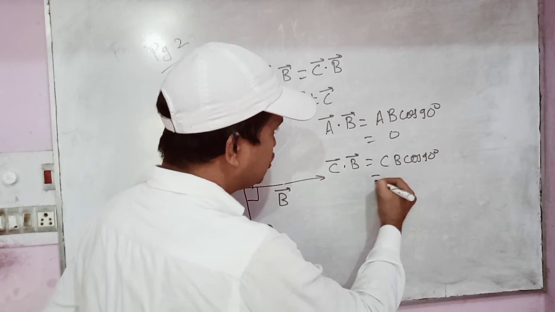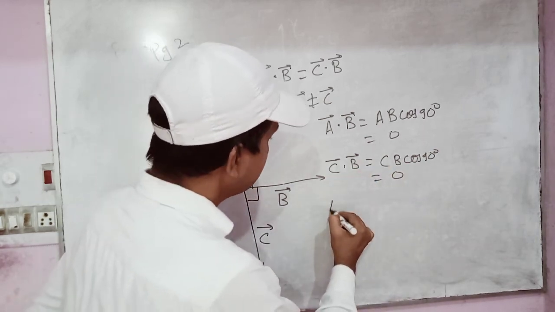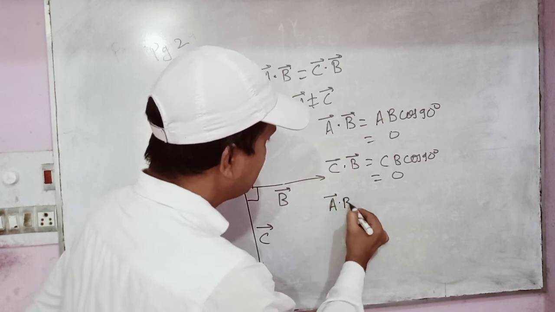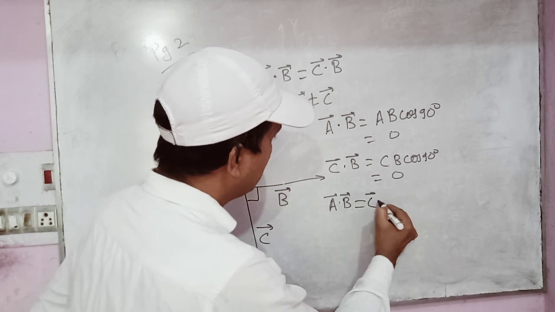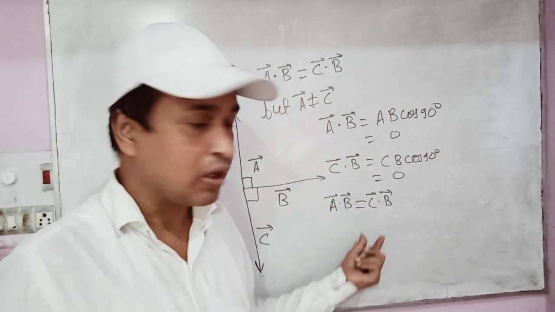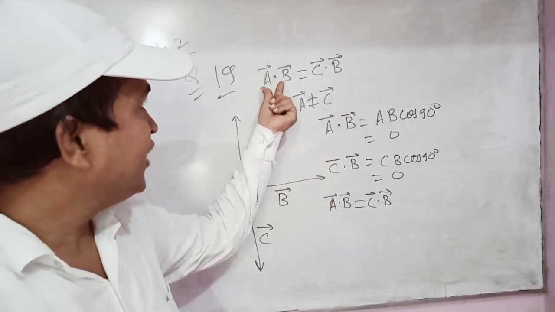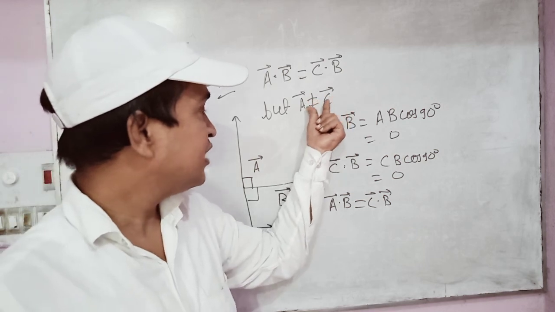Cos 90 degrees has value 0, so this is also 0. Here we can see that vector A dot B is equal to vector C dot B, but vectors A and C are not equal. So this is an example where vector A dot B is equal to vector C dot B, but vector A is not equal to vector C.